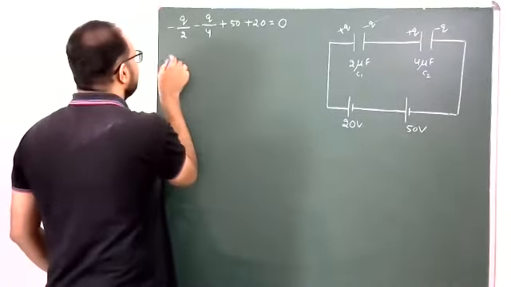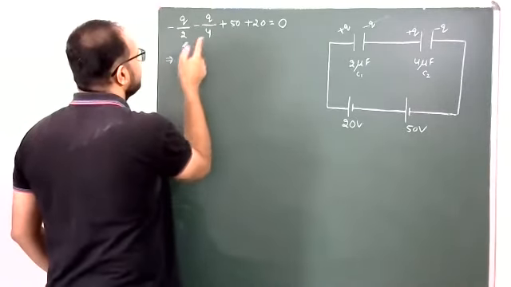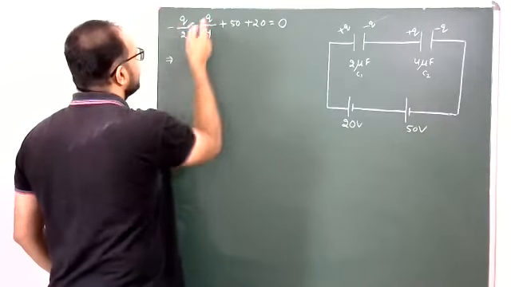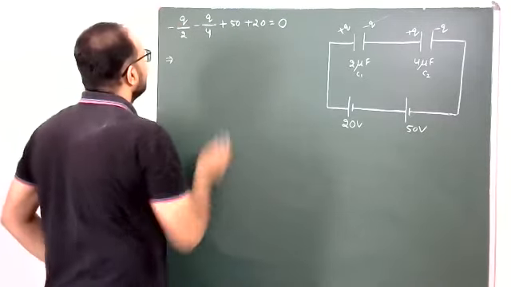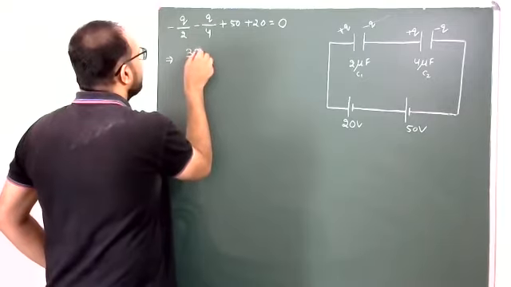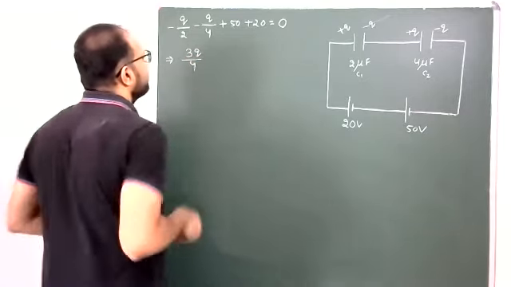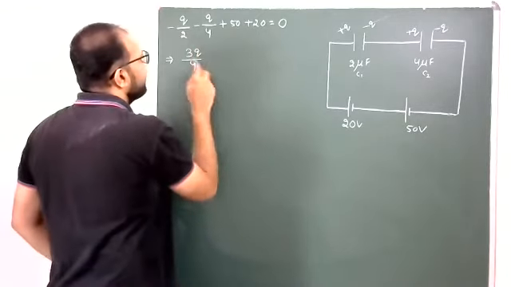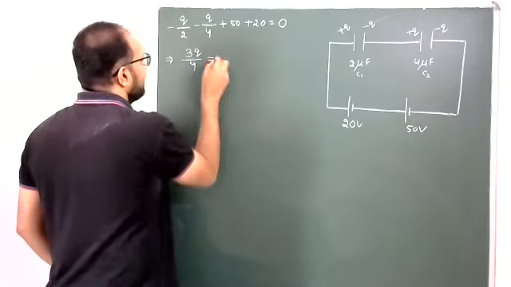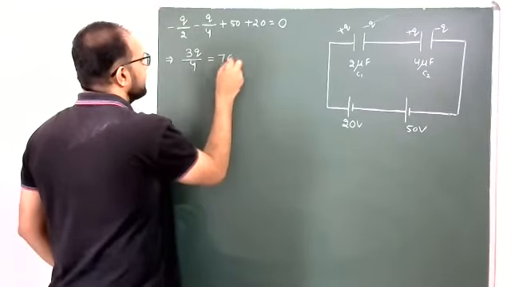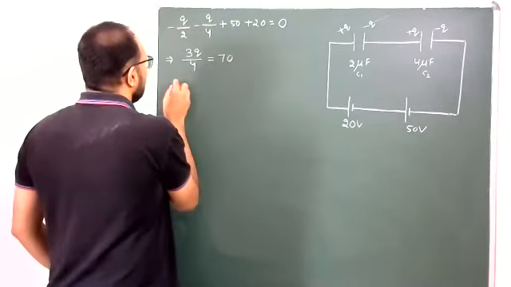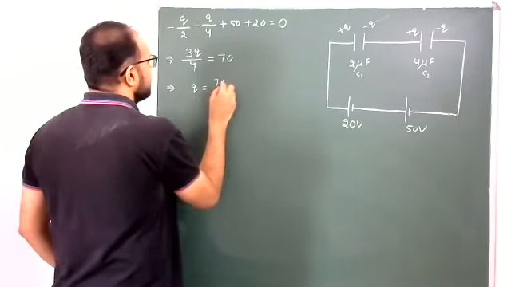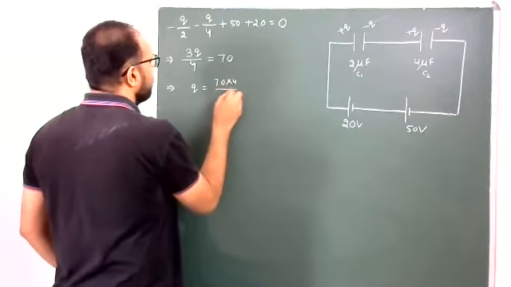Yes, now the LCM is 4: 2Q plus Q, 3Q, so 3Q divided by 4. That side equals 70. Then Q equals 70 into 4 by 3.